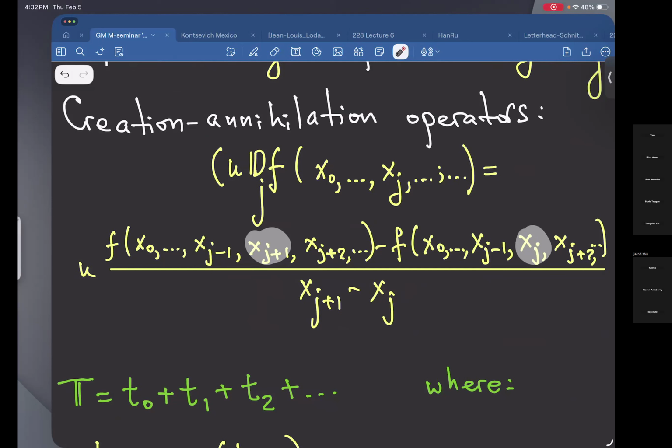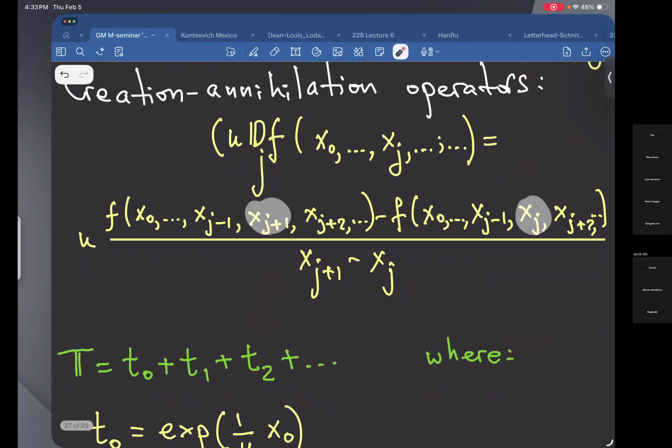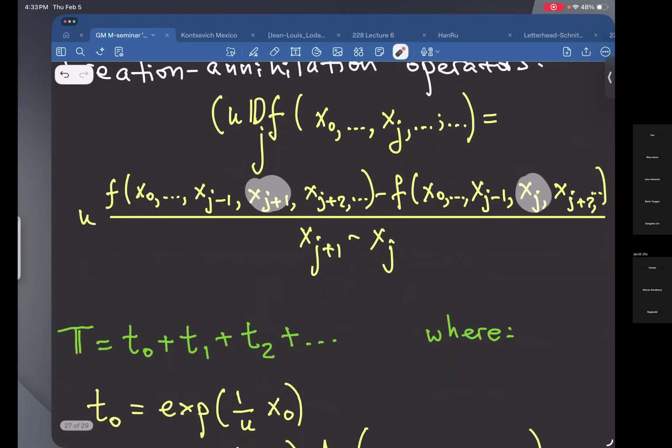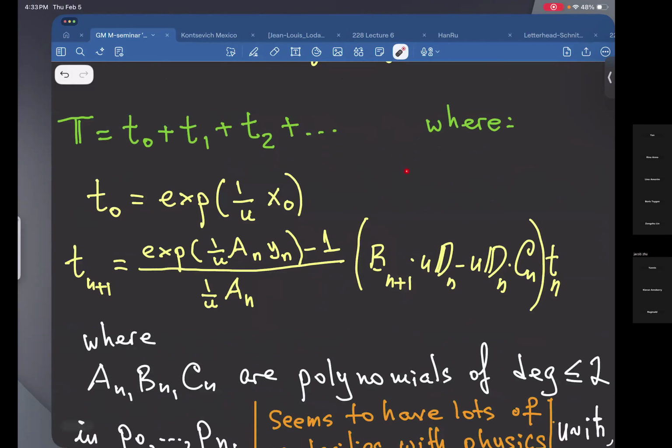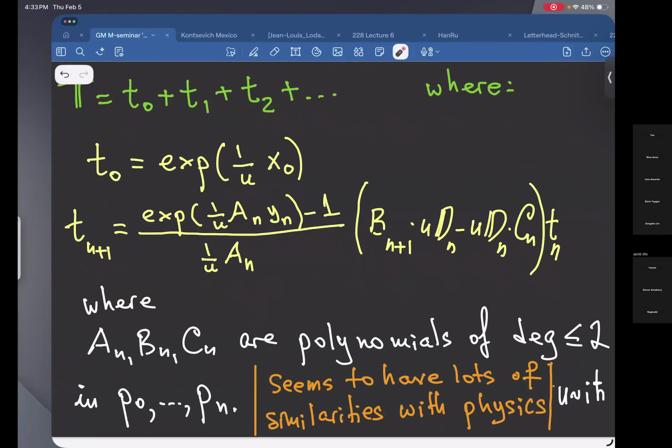I call it, I don't know, creation / annihilation. Maybe there is some vague resemblance to vertex operators. And then there is an explicit formula like that for the operators.